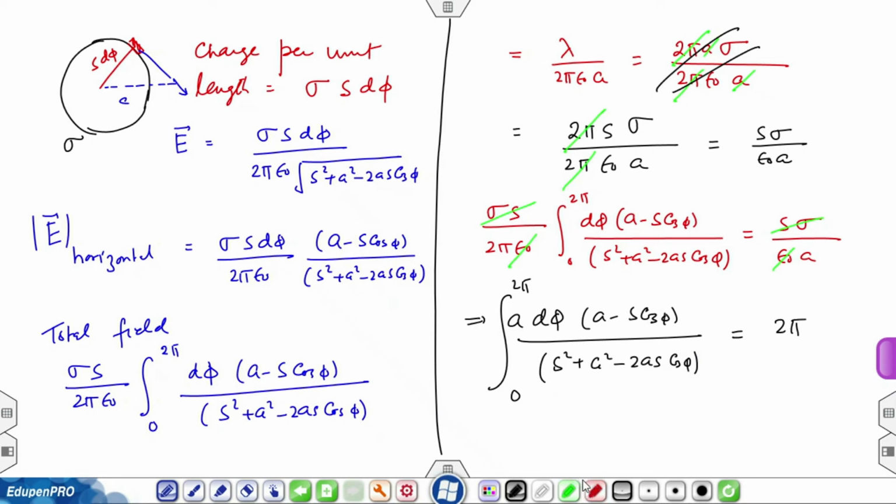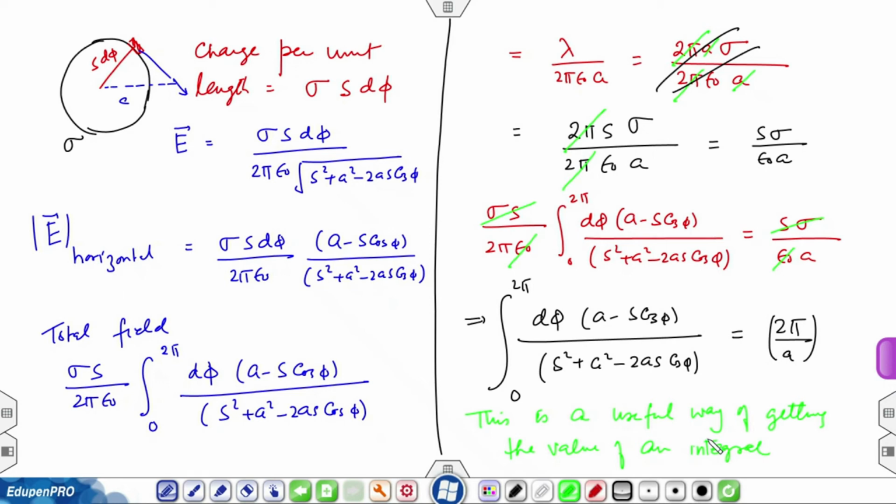Or I can even erase this A from here and put this as 2 pi over A. That is the answer. So, I can now take this integral and put it in my original expression. So, this is a useful way of getting the value of an integral.